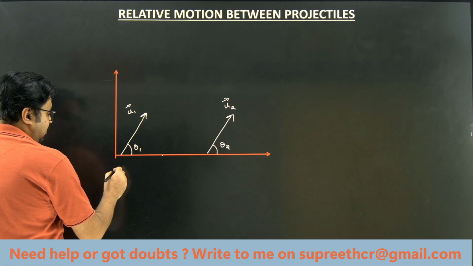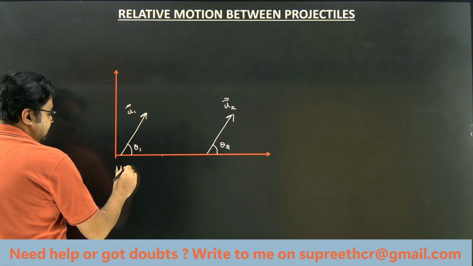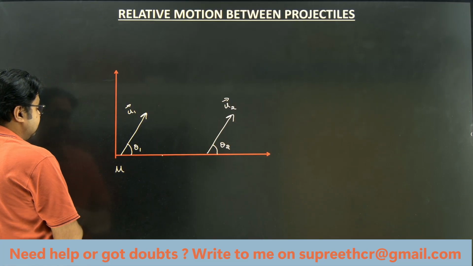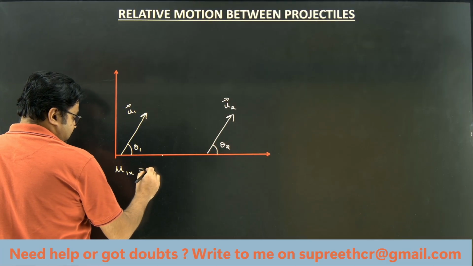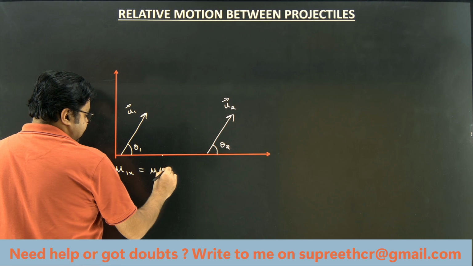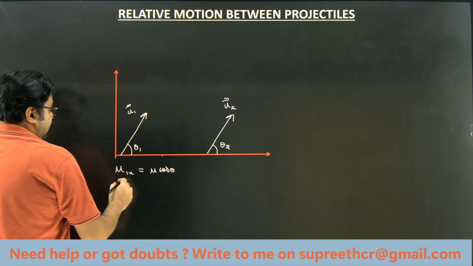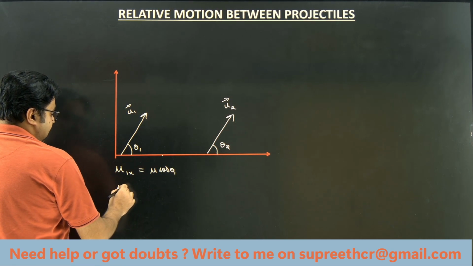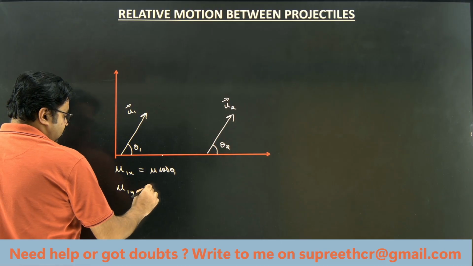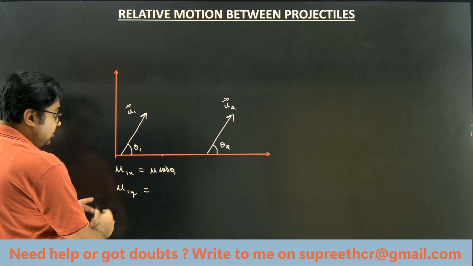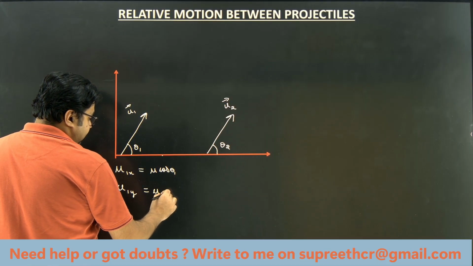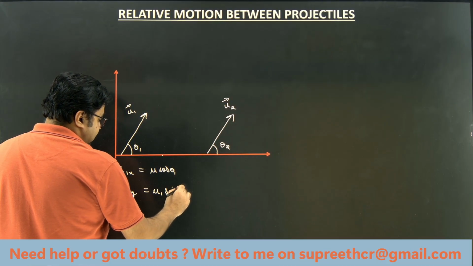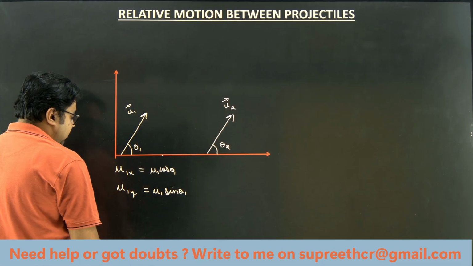Now, if you write down what are the x and y components of these projectiles, u1x would become u1 cos theta1, and u1y, the initial velocity of the first projectile along the y-axis, is u1 sin theta1.